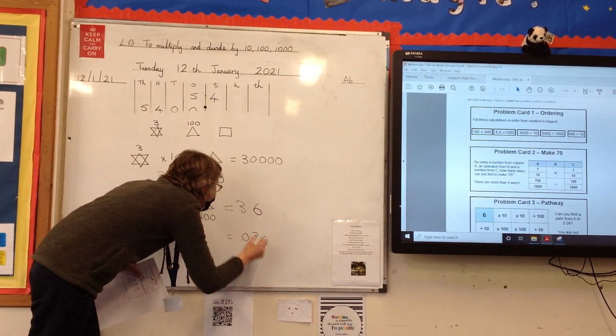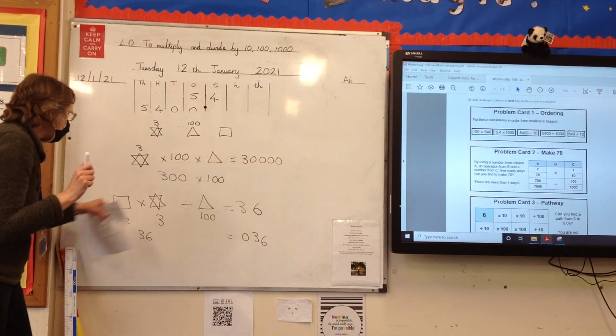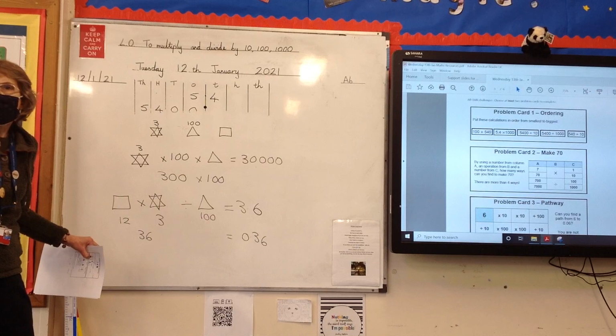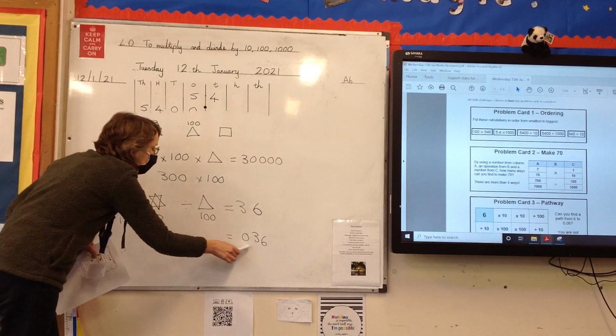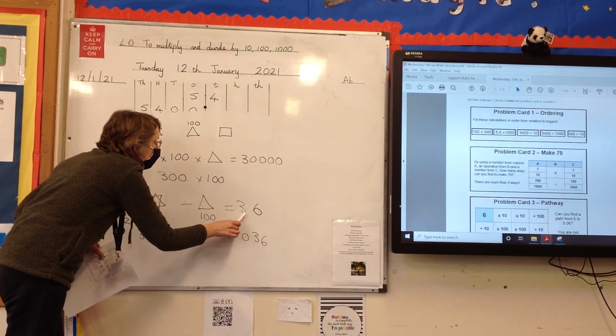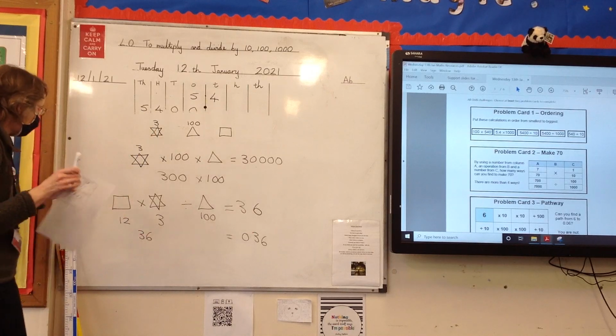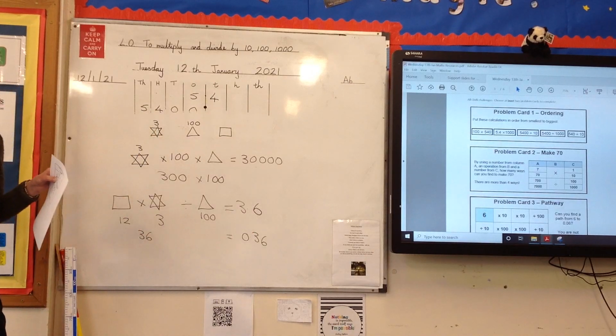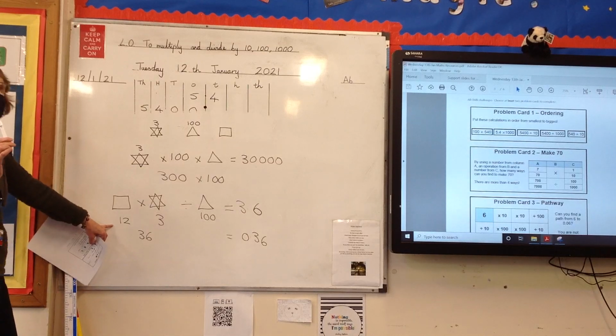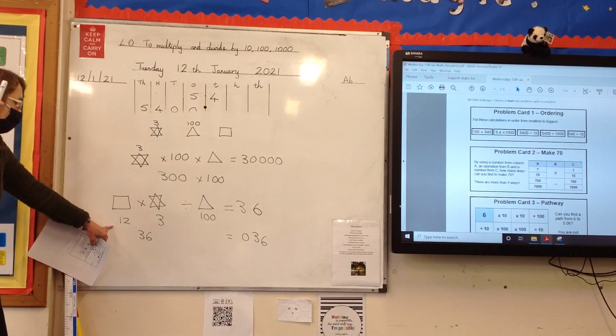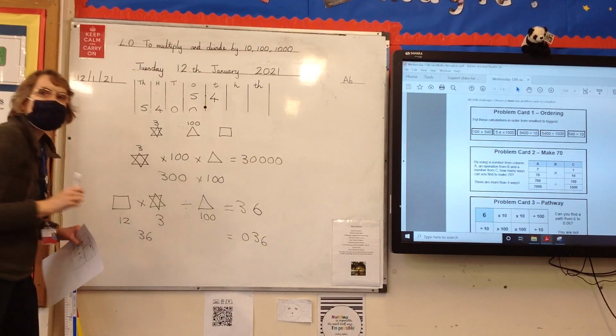So, is that the right answer? I've tried that out, but did that work? No. I'm close because I've got 0.36 and I wanted 3.6, but I'm not quite there. Can anybody spot where I've gone wrong?